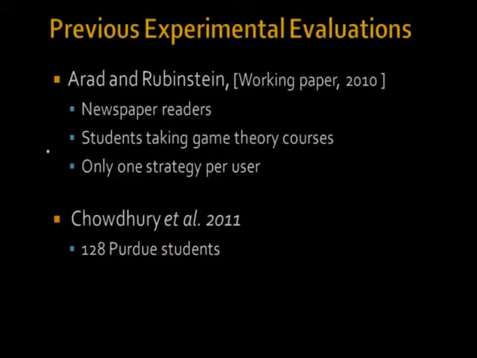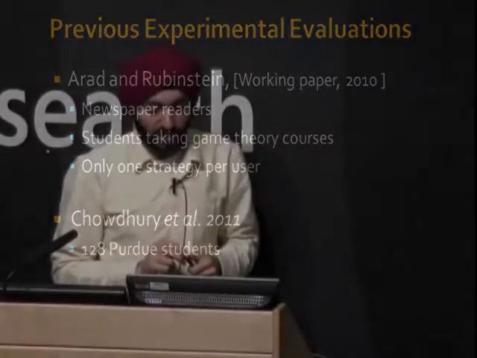There have been previous experimental evaluations to see whether people actually play the game in this way. Arad and Rubinstein took subjects who were newspaper readers. They launched this game in a newspaper and asked people to submit strategies. They also did experiments where students taking game theory classes in different universities were asked to give one strategy to play this game.